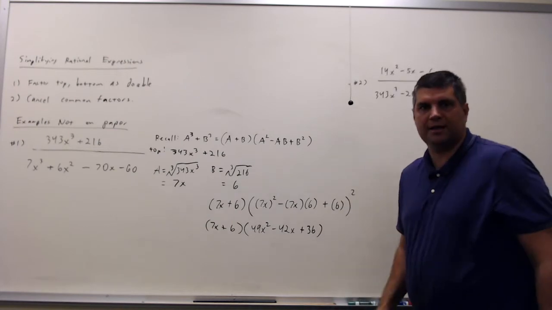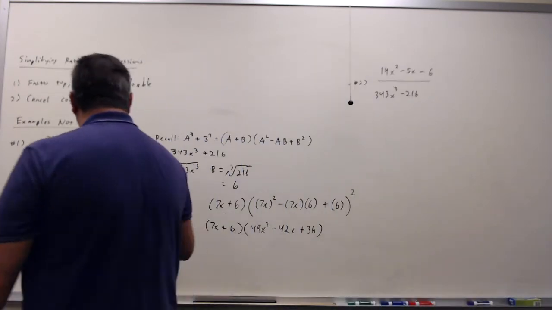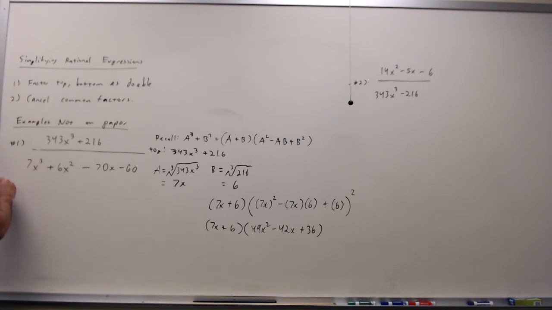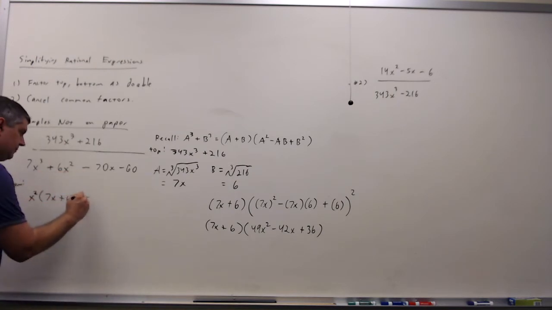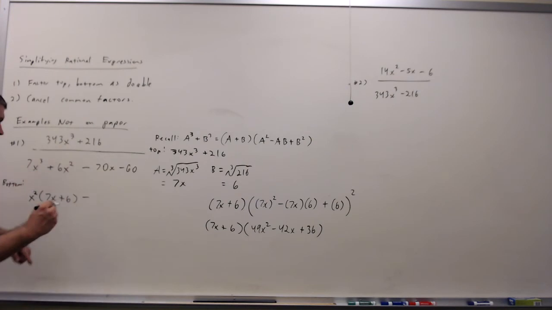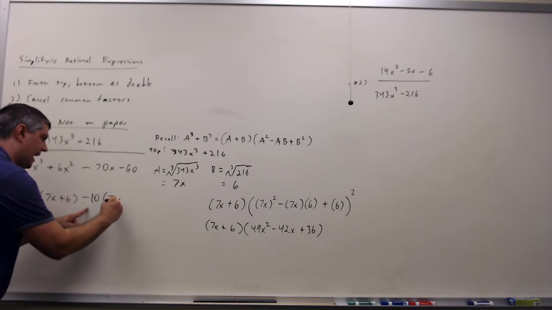So the bottom is done, the top is done. The bottom, I can take an x squared out of these two terms, and that leaves me 7x plus 6. Third term is negative. These two are divisible by 10. Negative 70x divided by negative 10 is positive 7x.